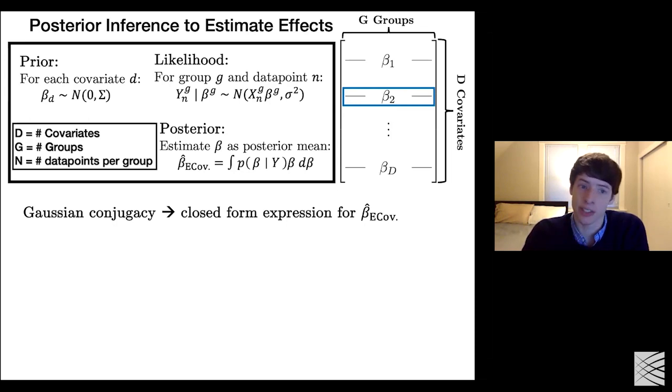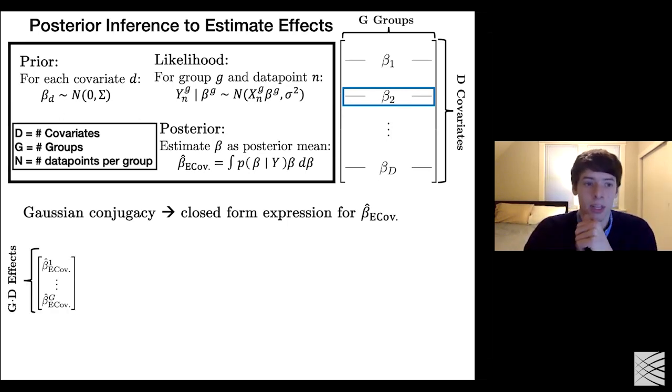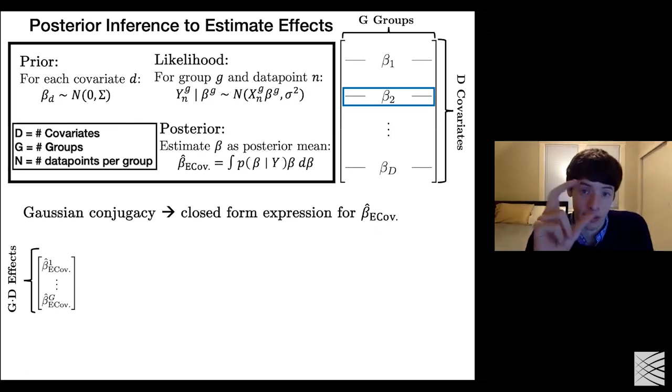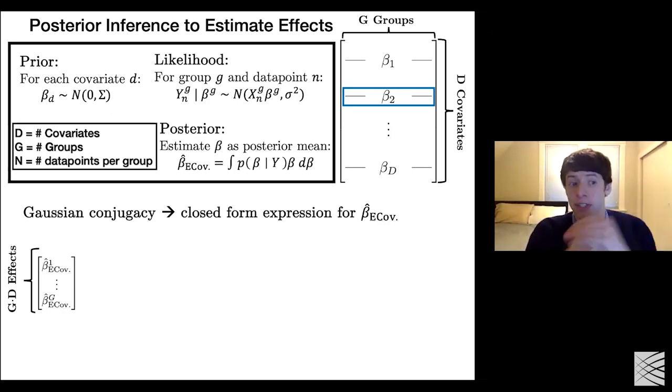Okay, but how do we actually use conjugacy in this setting? This is a bit tricky because the thing that we're estimating is a matrix. But our approach is to turn this into a vector estimation problem. We can unroll this matrix and stack the vectors of effects for each group into one long vector of size GD.